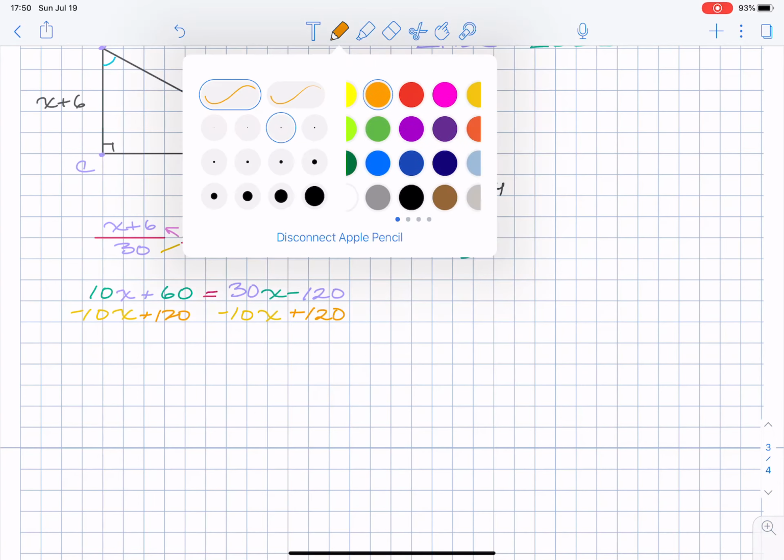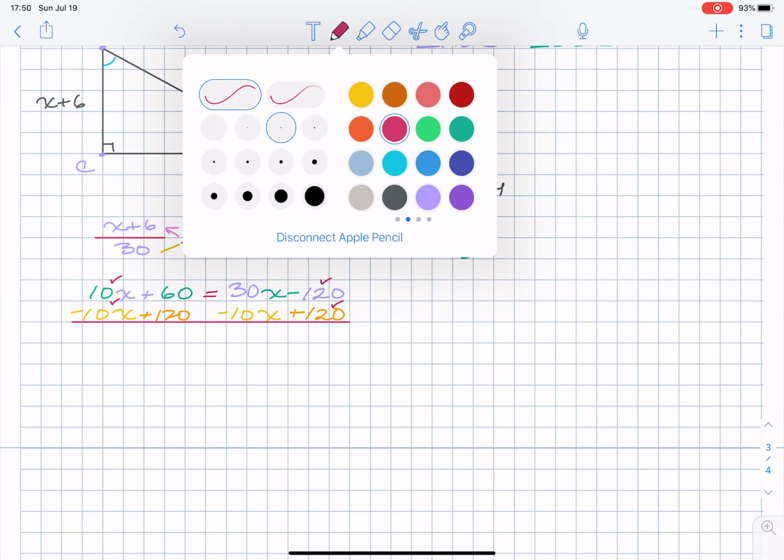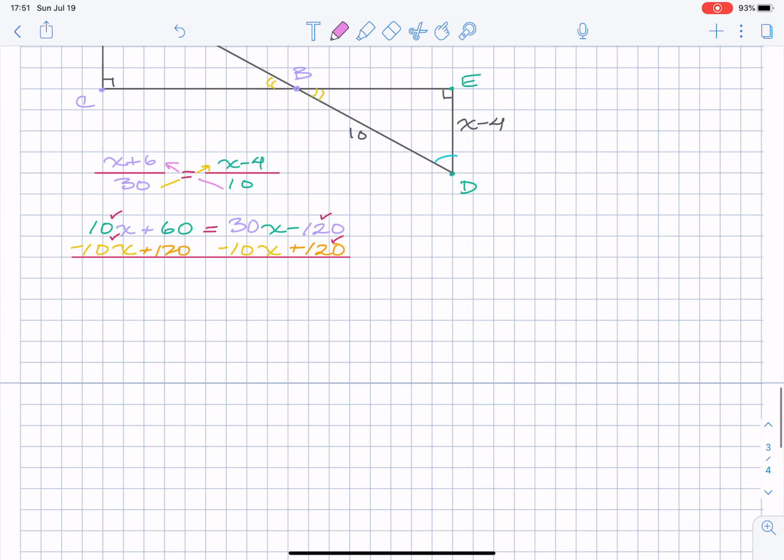So what does that give us then? On the left, the 10x is reduced, and on the right, the 120 is reduced. So what do I have? 60 plus 120 is 180, and that's going to be equal to 20x.